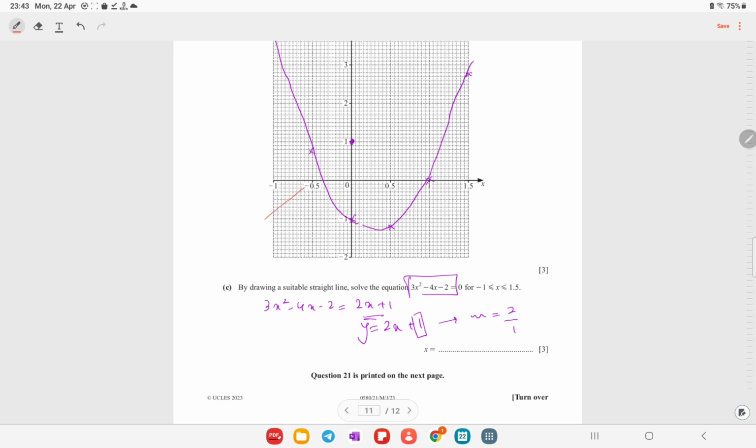Now you have to read off this value over here. This is the value which is required, and it is going to be minus 0.4. If you check, the marking scheme says 0.40.